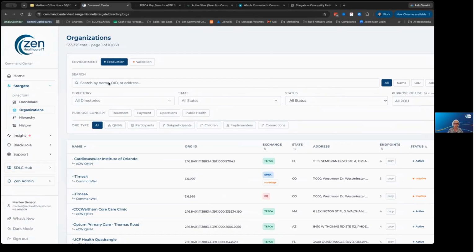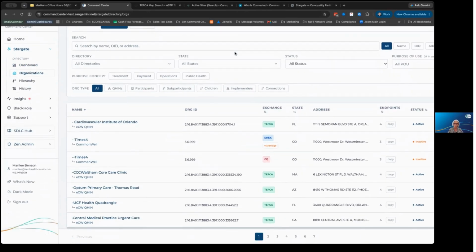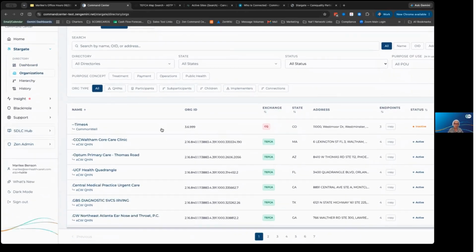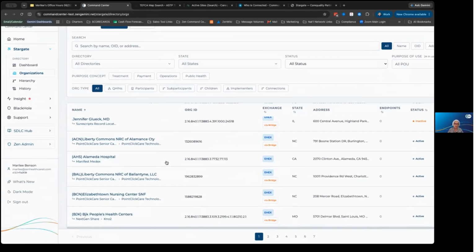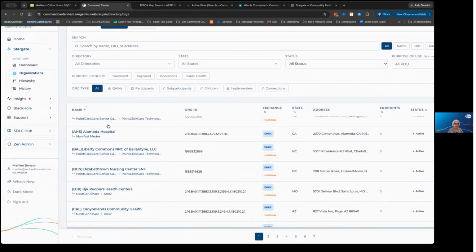One of the things that we are able to do is display the hierarchical relationships. So we know, if it's a TEFCA entry, what QHIN they're attached to. Or here's a situation where Alameda Hospital is accessing the eHealth Exchange network through Manifest MedX.